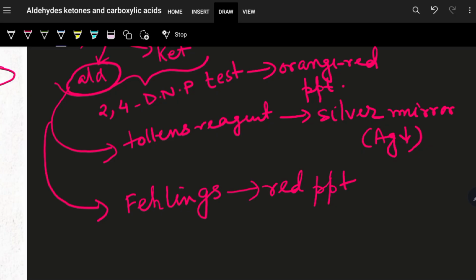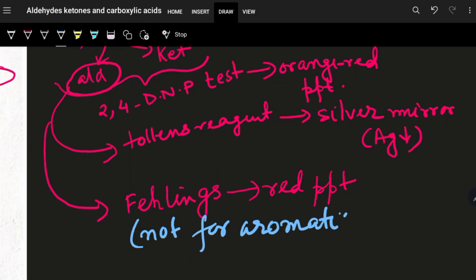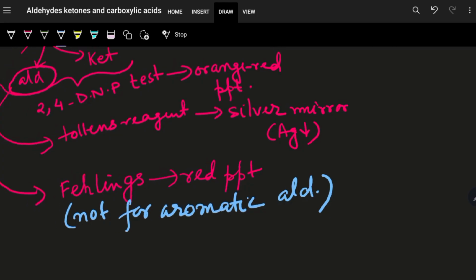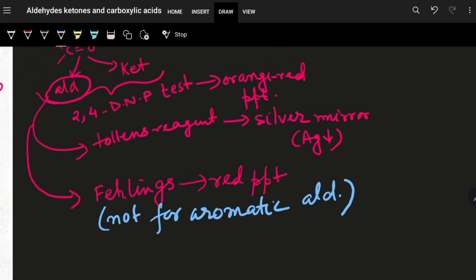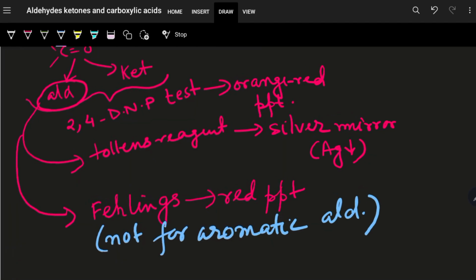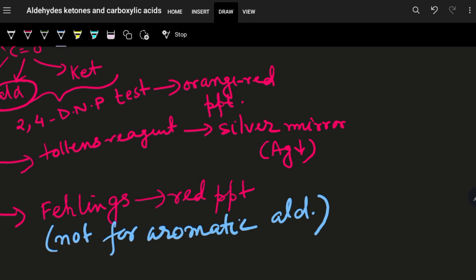Remember that this is not for aromatic aldehydes. That means aromatic aldehydes will not respond to Fehling's test. Only aliphatic aldehyde responds to Fehling's test. Tollens is for aliphatic as well as aromatic. What is Tollens reagent?